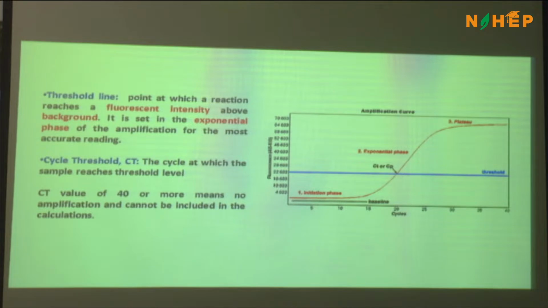If the threshold is not reached, most likely the PCR is failing. The cycle threshold is the cycle at which the sample reaches the threshold level, and most often a cycle threshold value of 40 and above is considered a negative result, right? Or rather, no amplification is happening. So these are some of the thumb rules in qPCR.